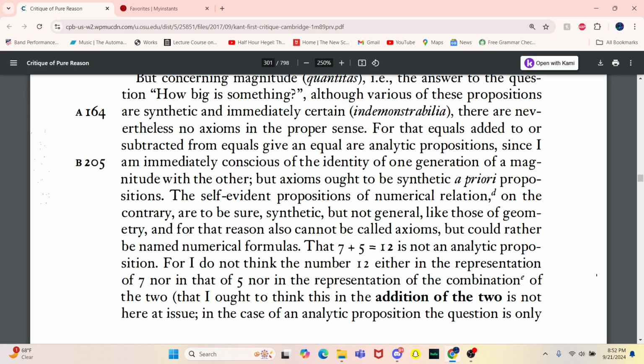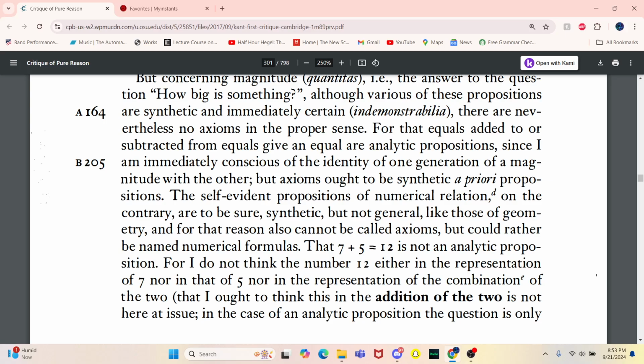For that equals added to or subtracted from equals are analytic propositions, since I am immediately conscious of the identity of one generation of magnitude with the other, but axioms ought to be synthetic a priori propositions.